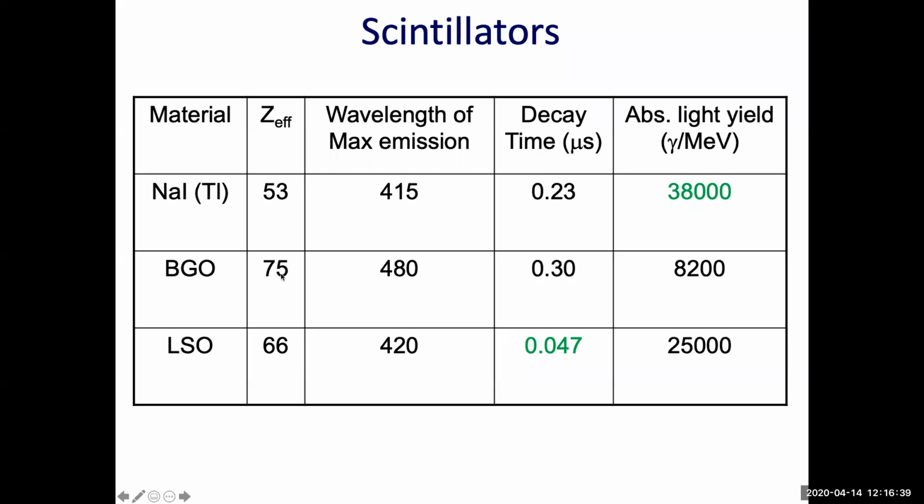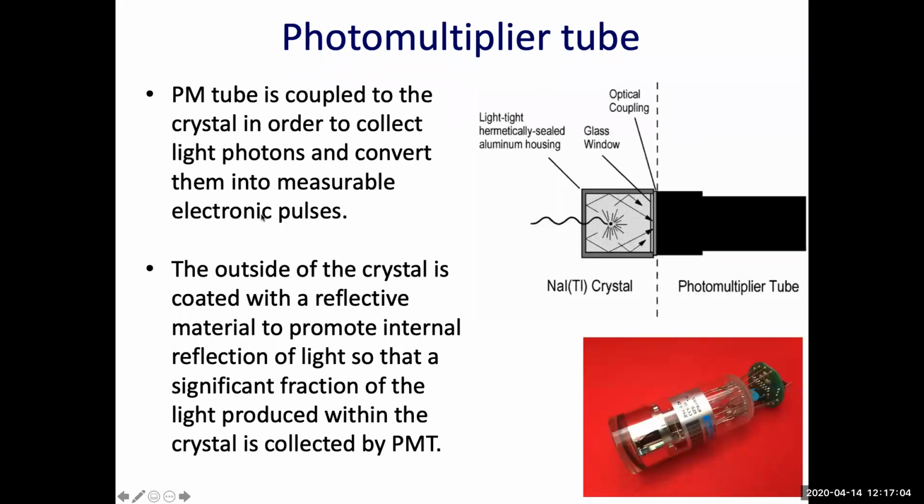And we see the Z effective is much better here. Why do we have high Z density material here? Because we are dealing with high energy photons in PET, 511 keV. While in sodium iodide, we are dealing mainly with technetium and at most iodine 131, with maximum 300 keV. So we need high Z for PET application, a little bit lower for gamma application.